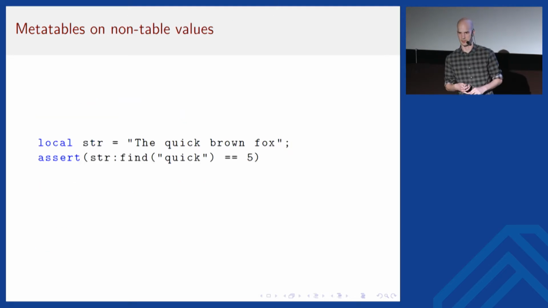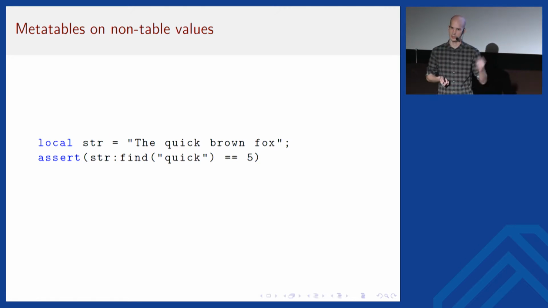Lua also does this already for a couple of its own types. Metatables actually can be attached to any kind of value, not just tables. So in Lua, for example, this is used for strings to ensure that you can invoke all the functions from the string standard library on string values like this.